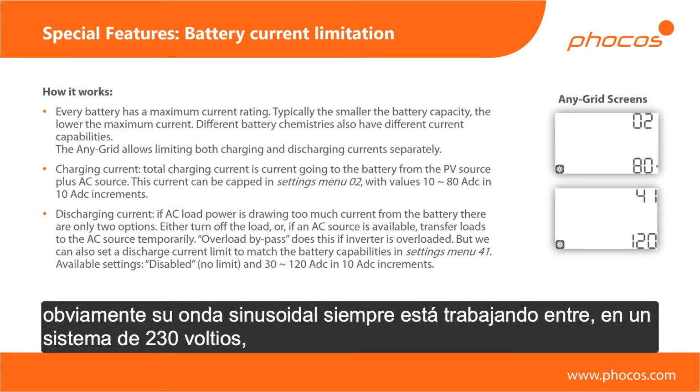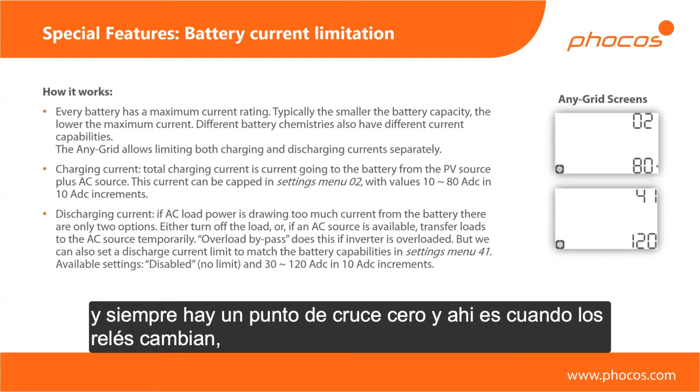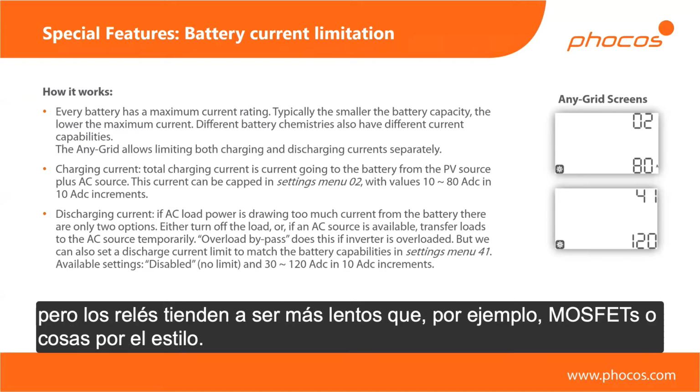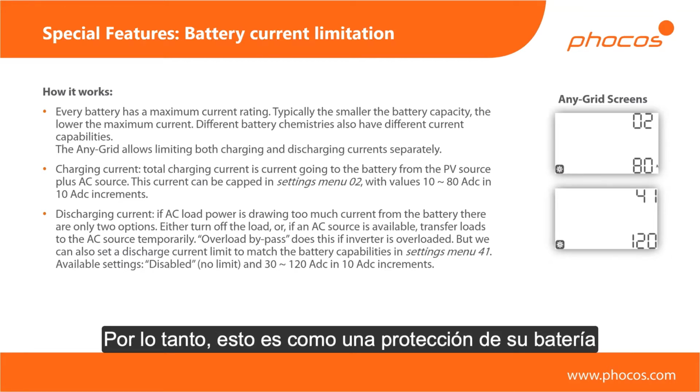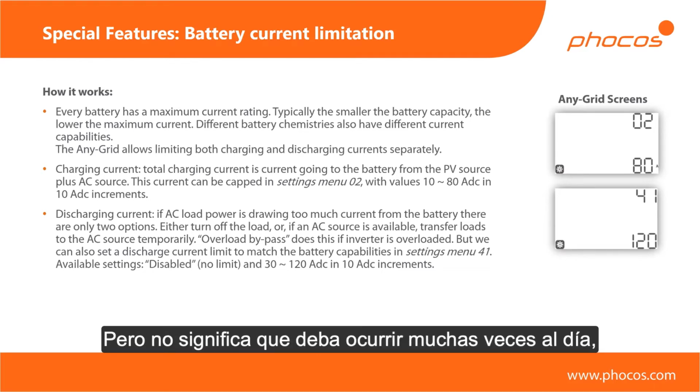So obviously, in your sine wave, in a 230 volt system, you're always working between plus and minus roughly 250, 260 volts, and there's always a 0 crossing point, and that's when the relays switch. But relays tend to be slower than, for example, MOSFETs or things like that. So this is like a protection of your battery, and potentially for the overload bypass of your inverter. It doesn't mean that it should happen many times a day.